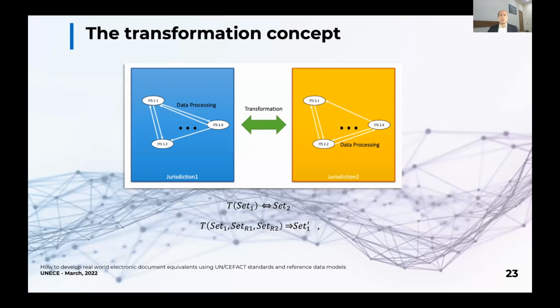Therefore, transformation can be depicted as a function over a set of data sets and requirements. So we can describe it in the second formula as T on a set of data, a set of requirements from jurisdiction 1 and a set of requirements from jurisdiction 2, that produces the new version of initial data set 1.